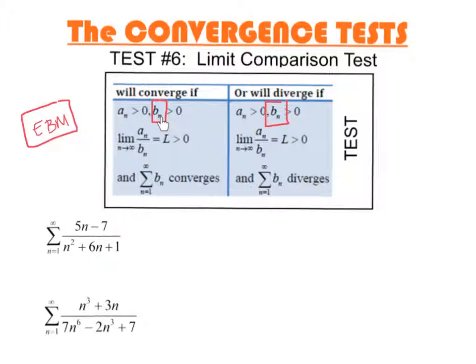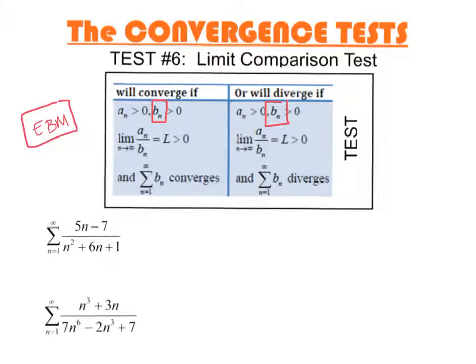Meaning, if our end behavior model converges, then our series converges. If our end behavior model diverges, our series diverges. So we really can get what I always call agreement.